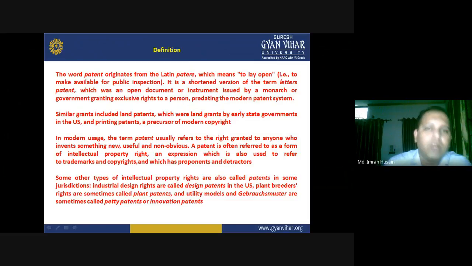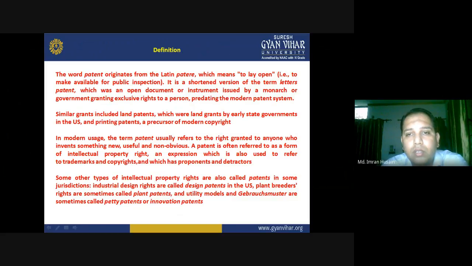Now, coming on to the definition. The word patent originates from the Latin patere, which means to lay open, that is, to make available for public inspection.